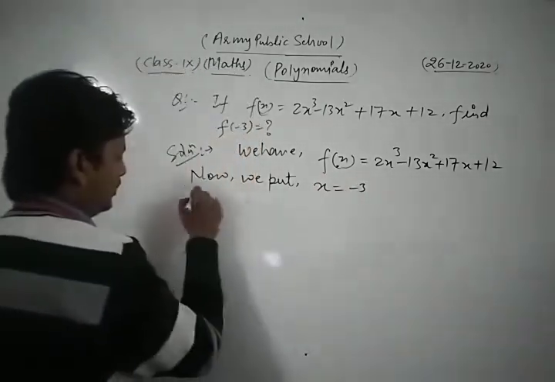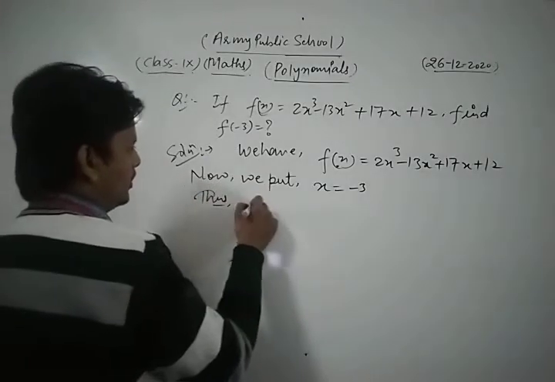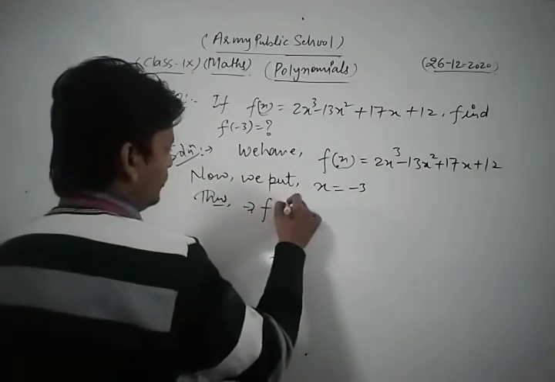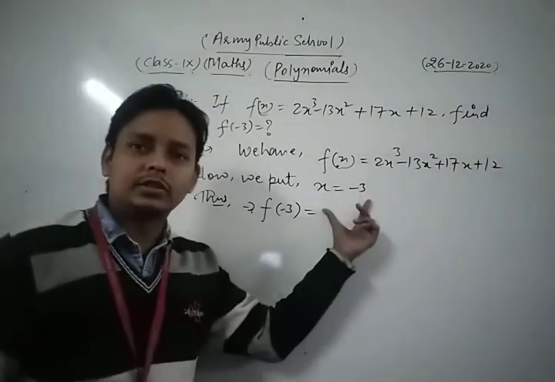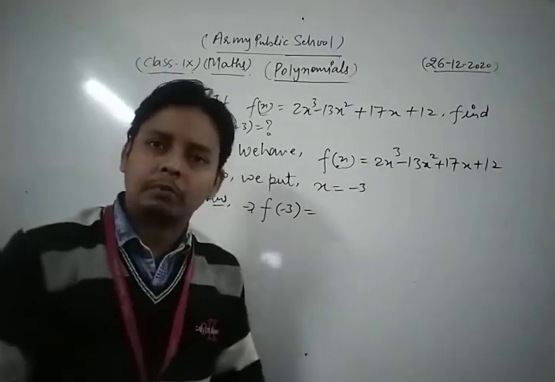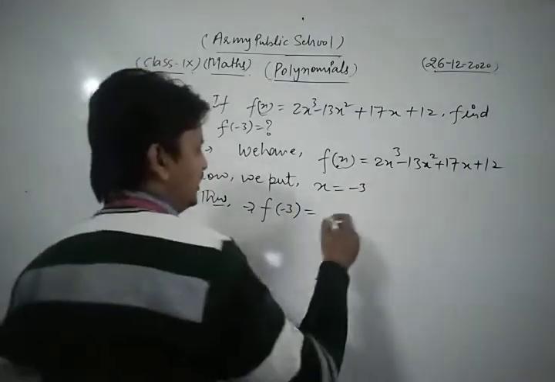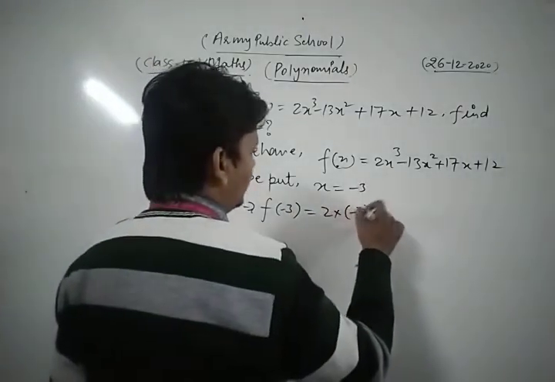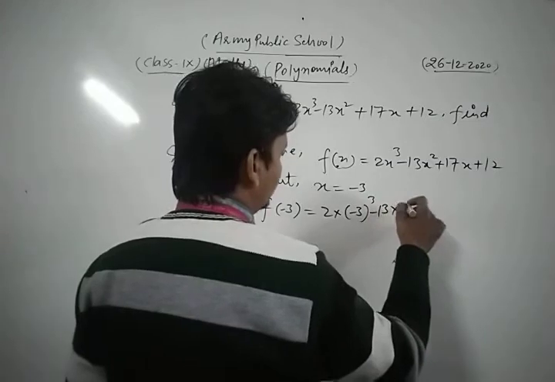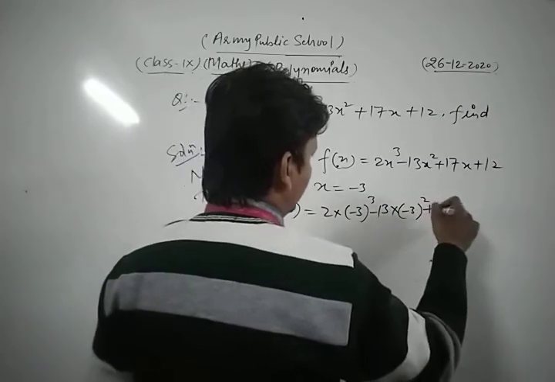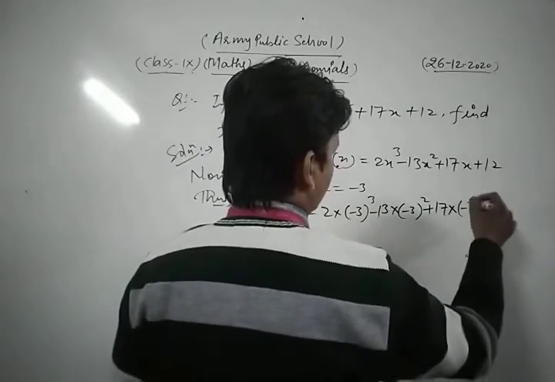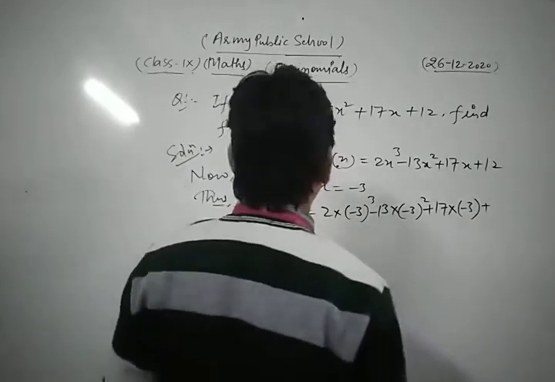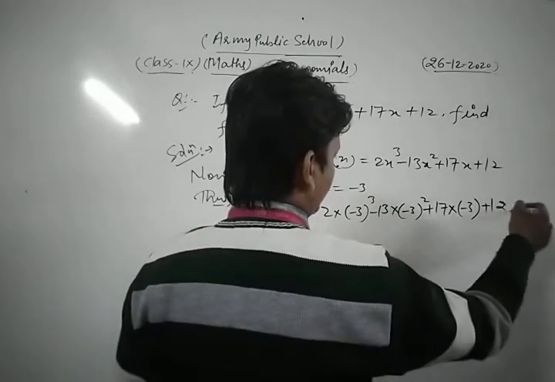Thus we get f of minus 3. Now, dear students, we just replace x by minus 3. So this is 2 into minus 3 whole cube minus 13 into minus 3 whole square plus 17 into minus 3 plus 12.